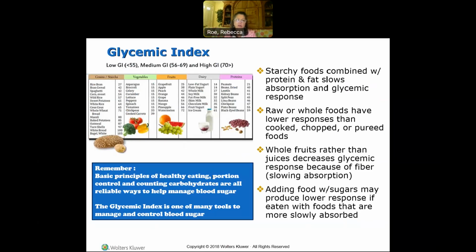But it doesn't really tell you the portions. So basic principles are it. That's the way the Mayo Clinic really guides people in these informational settings about diet and GI control, and one of the things they talk about is portion control and counting those carbs. So that's for you to see.